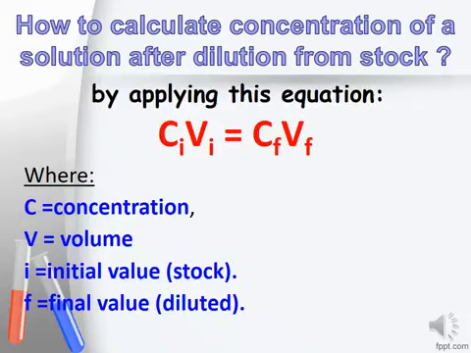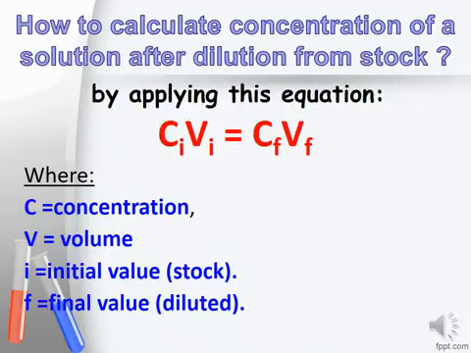Initial means the stock that is stored in our lab. F means final. CF is the final concentration, VF is the final volume. Final means the prepared or diluted one.